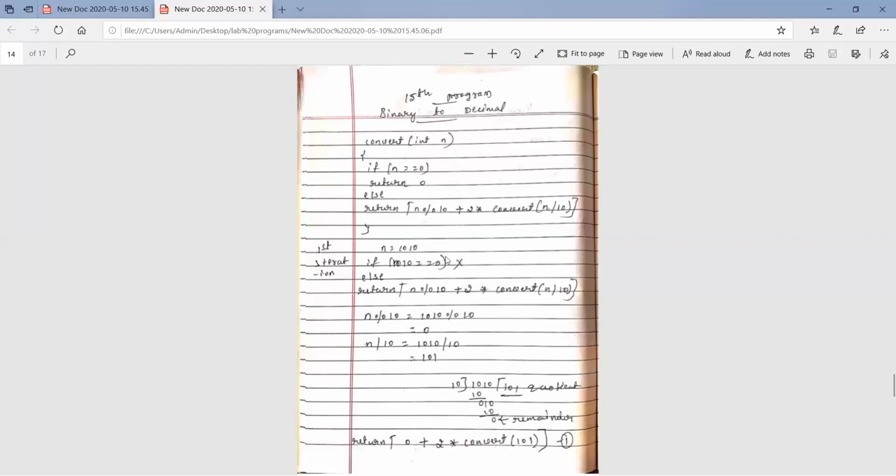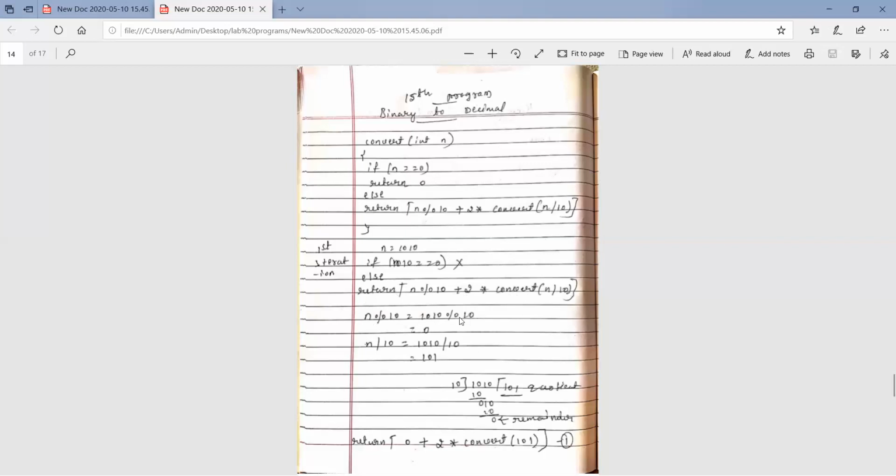So we need to compute what n modulus 10 is and what n divided by 10 is. We already know modulus gives the remainder, and division gives the quotient. The n value is 1010, modulus of 10.